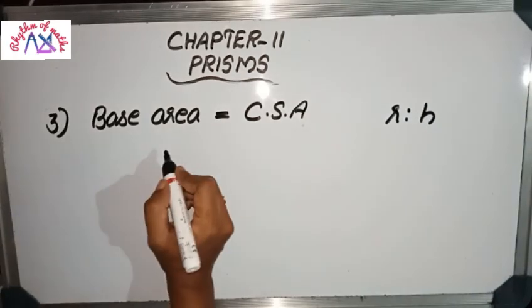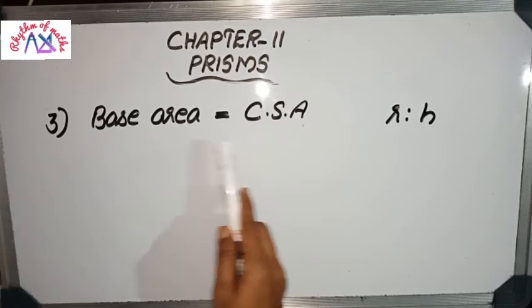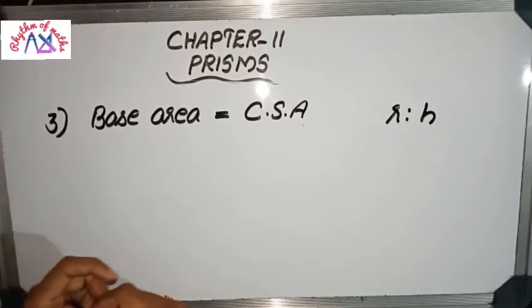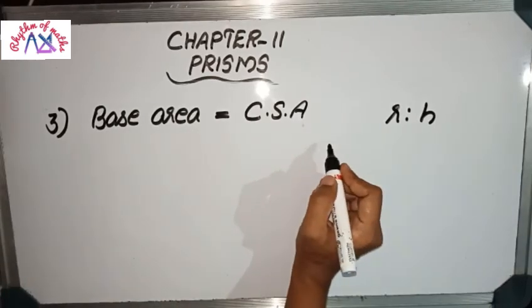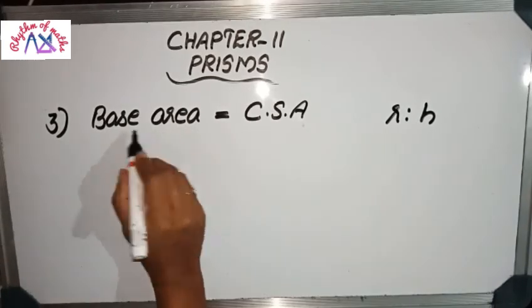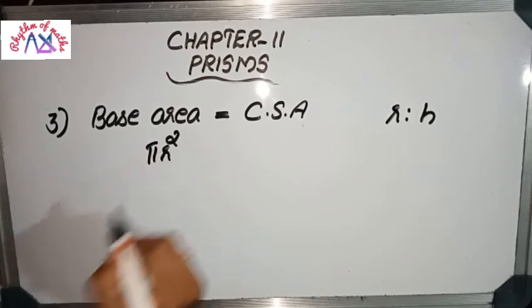So let's use the equation here, because we have no radius or height, only this statement that base area and curved surface area are equal. Base area means, for a cylinder, the base is a circle, so the base area is the circle's area, that is pi r square.